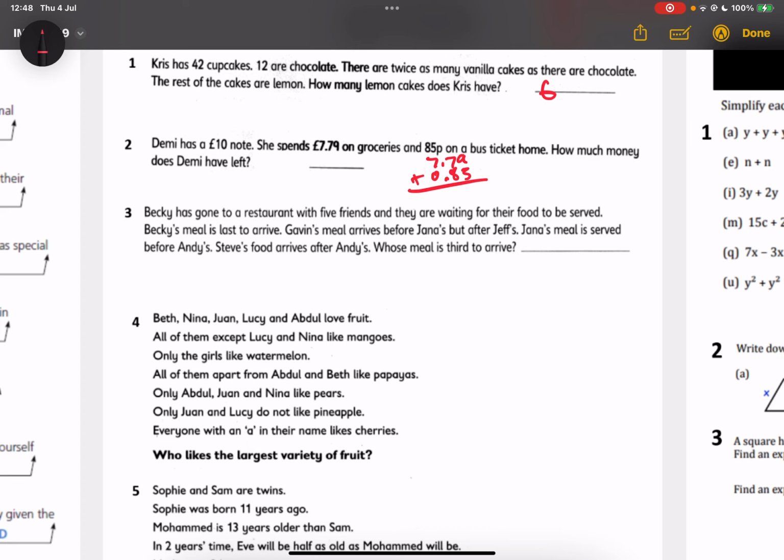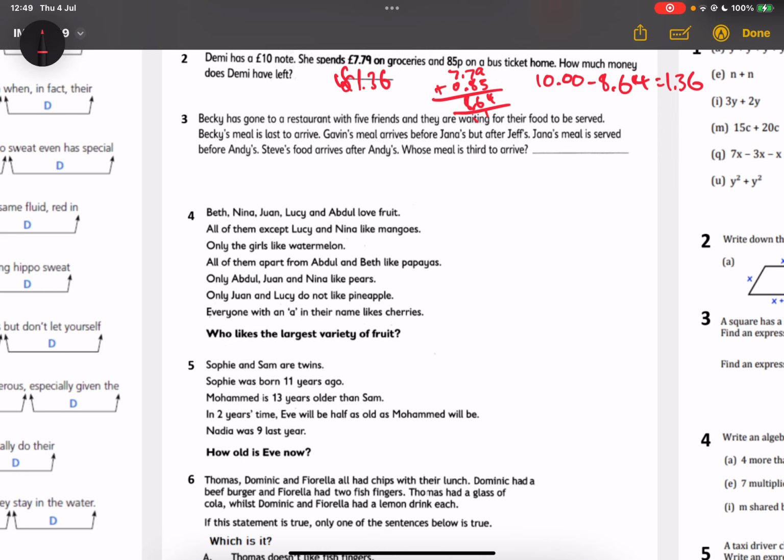So this will be £8.64, and then £10 minus £8.64 will equal £1.36. So that's equal to £1.36.